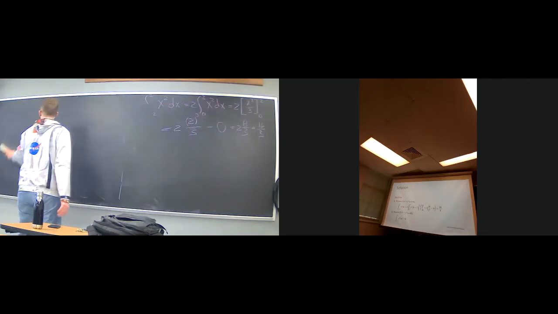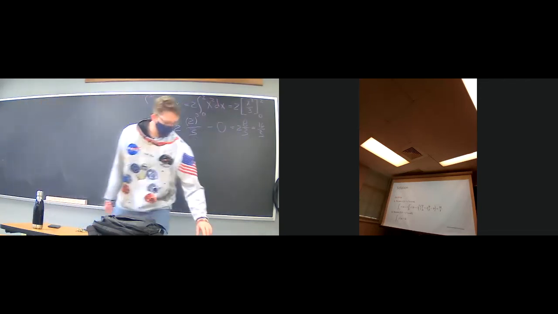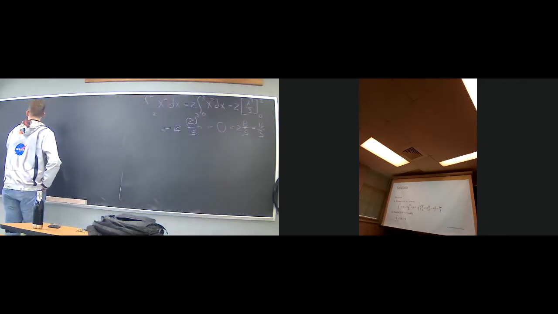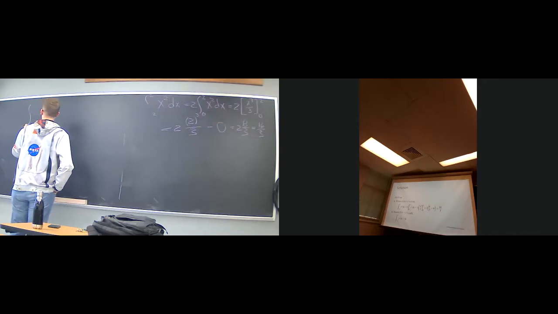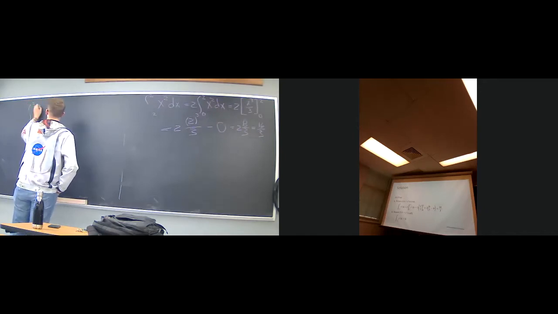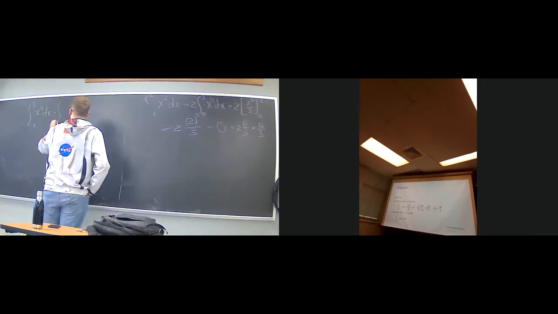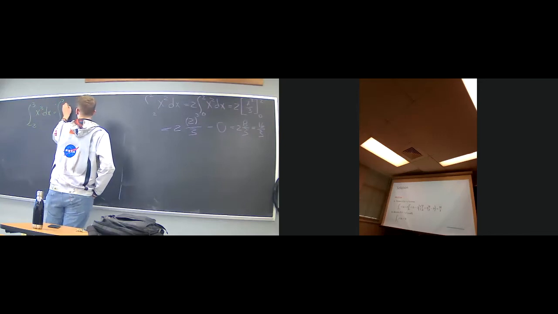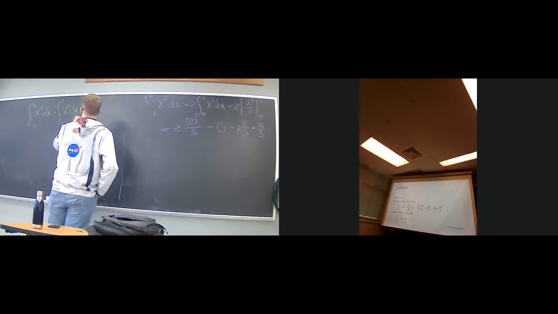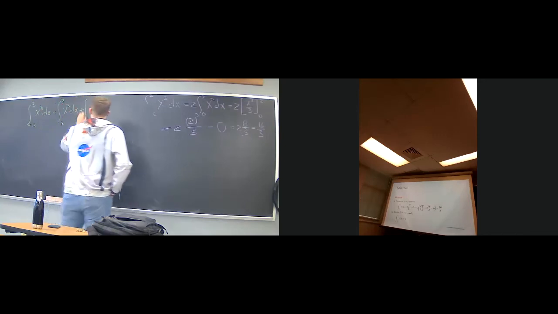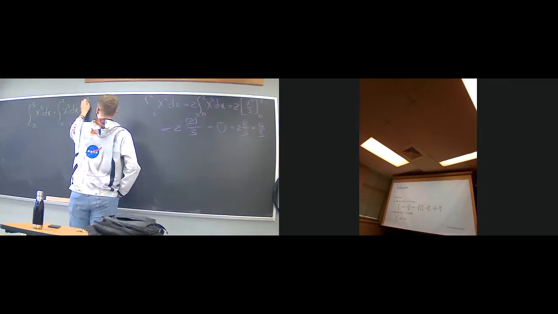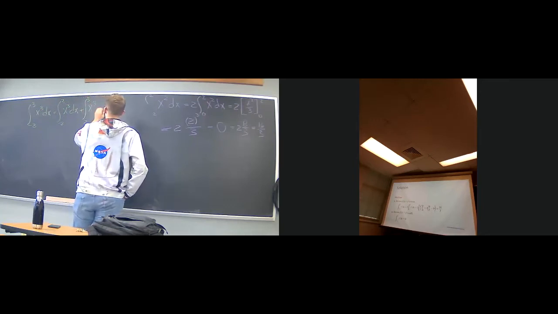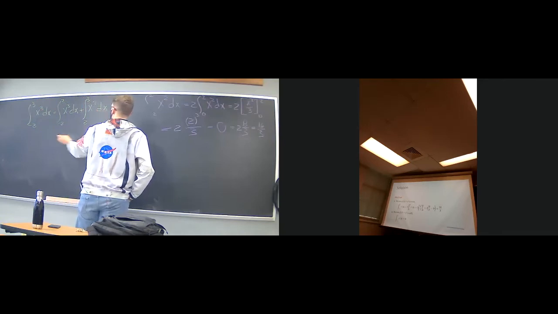What I am trying to say here is, in the case of x cubed, if we wanted to integrate from, say, -2 to 3 of x cubed dx, we can break this up into two different integrals, one from -2 to 2 of x cubed dx, plus another one from 2 to 3 of x cubed dx.